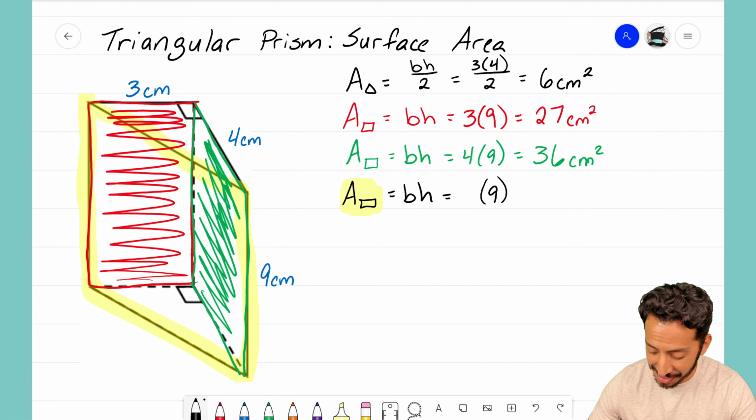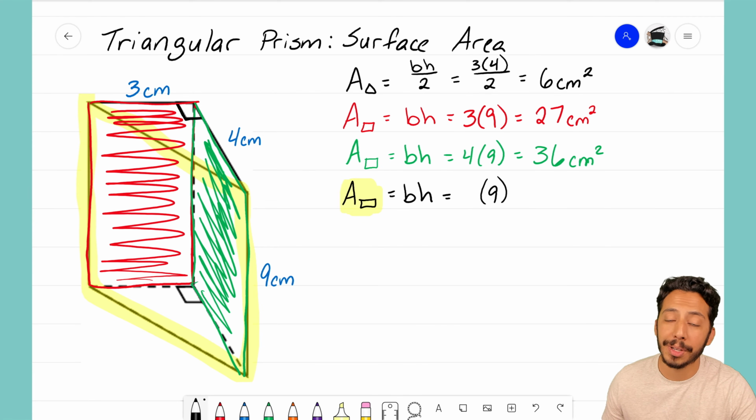Well, since this triangle is a right triangle, we can just use Pythagorean's theorem to find that missing side length, and then use it in our area formula to come up with the area of our front rectangle. We can't get this area unless I know that missing side. But thankfully, we do have Pythagorean's theorem, which can assist us here.